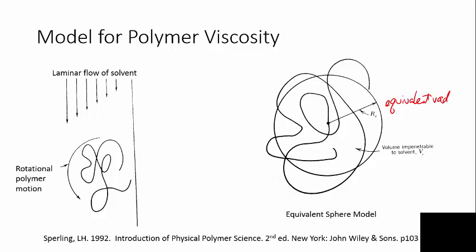So the radius of this volume of space that the polymer occupies is equivalent to a sphere. And the reason the polymer coils up to occupy this space is because it does not want to interact with its solvent. So this is called a non-solvent, or a bad solvent for the polymer, also called a Flory theta solvent.